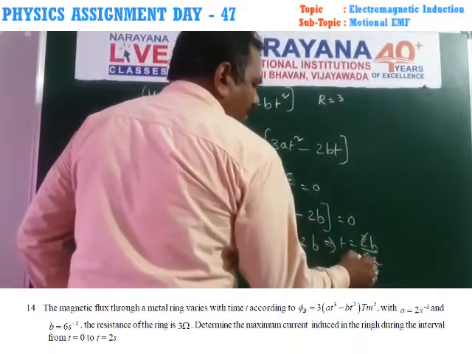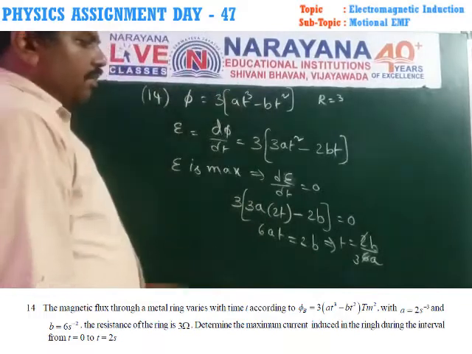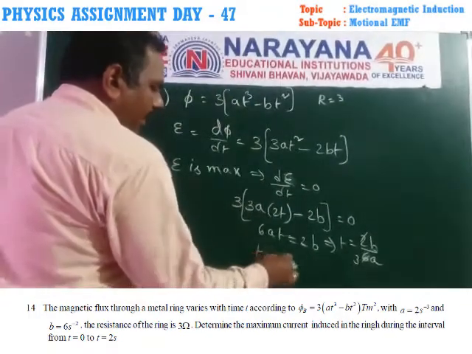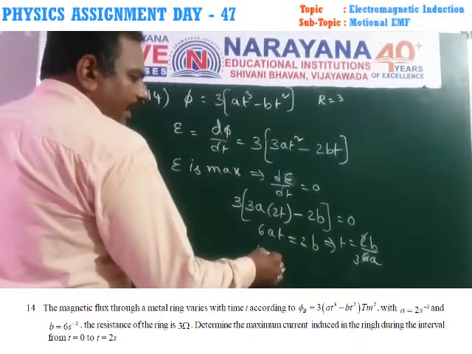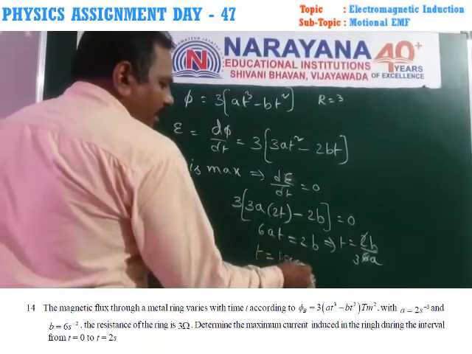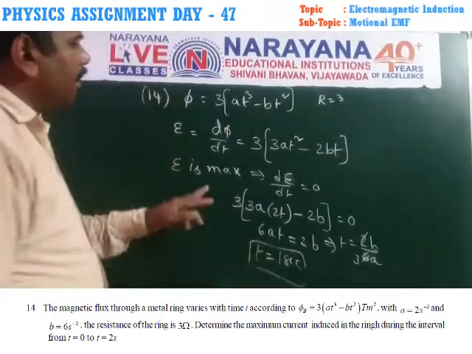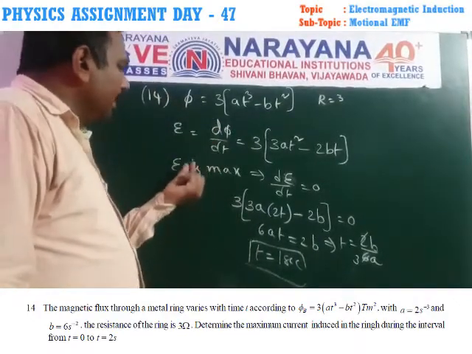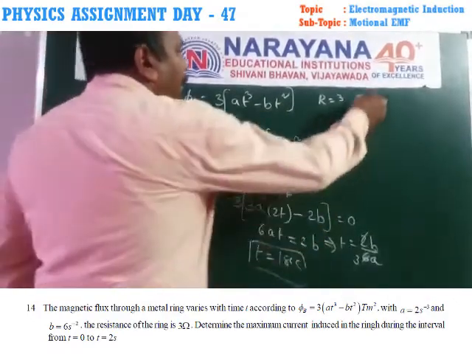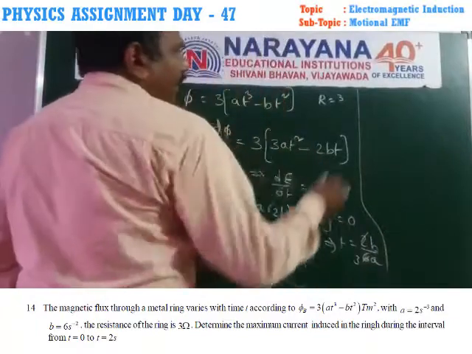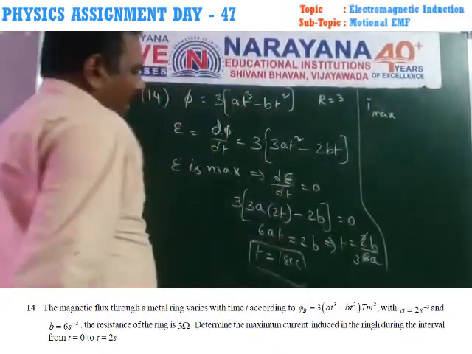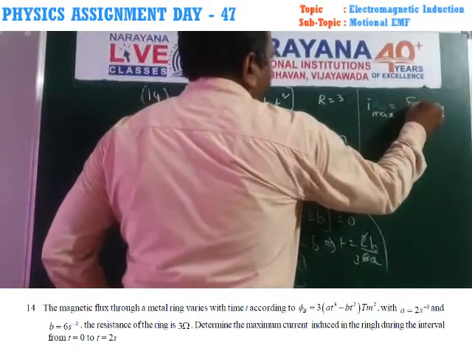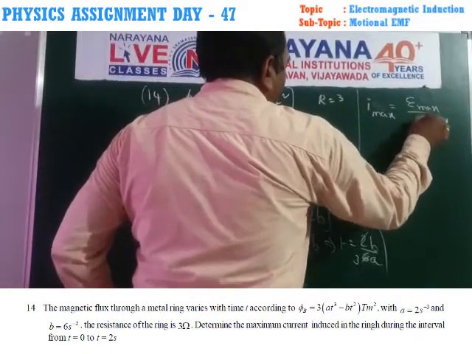So the 2 and 3 times will be cancelled. On calculating it, after substituting B and A values, we get 1 second. After a time of 1 second, the EMF will be maximum, but we have to calculate the current. So maximum current is equal to maximum EMF by resistance.